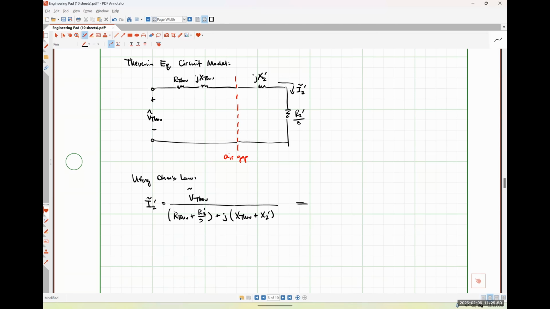And then the magnitude of our current I2 prime is just the magnitude of our Thevenin voltage over the square root of those terms squared. So that's going to be (R Thev plus R2 prime over S) quantity squared plus (X Thev plus X2 prime) quantity squared.